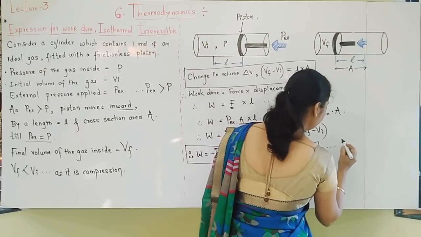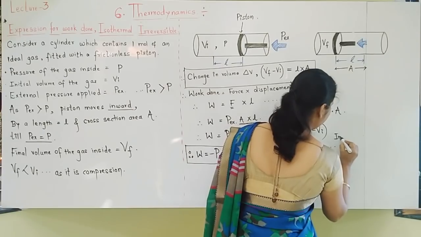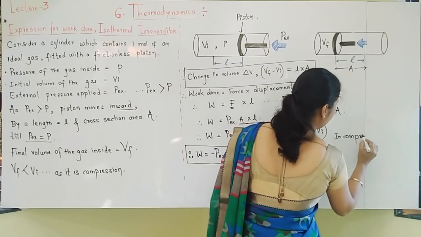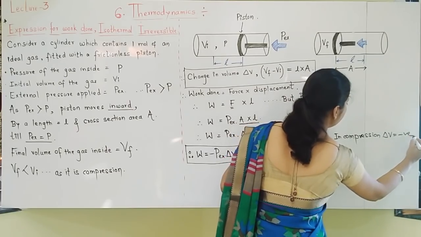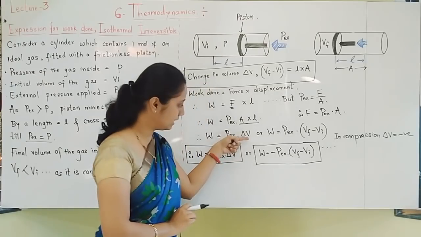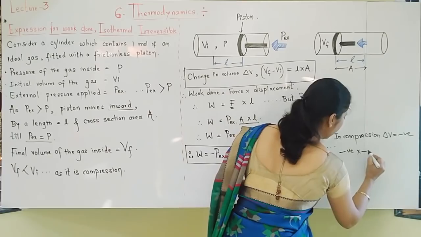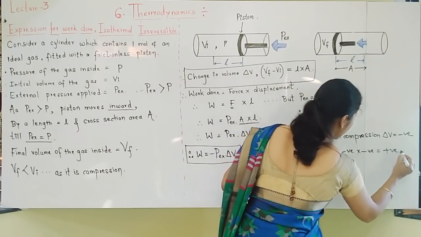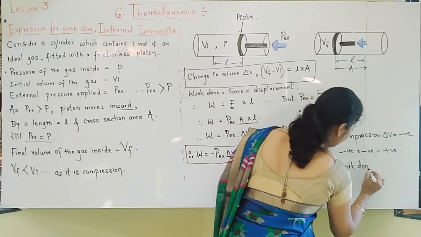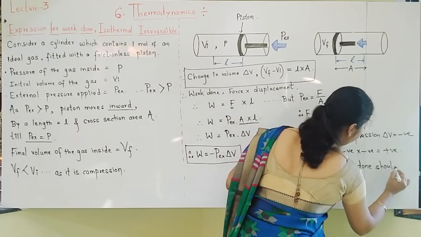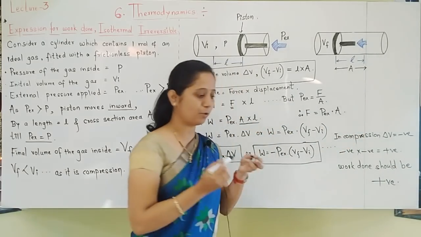Because in compression delta V is always negative. Negative into negative should become positive. For what? Work done should be positive.